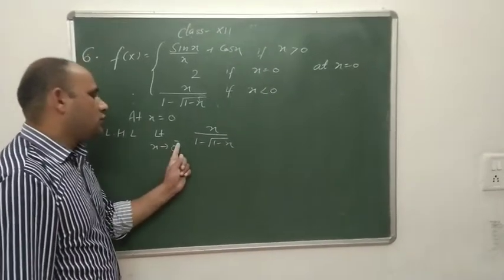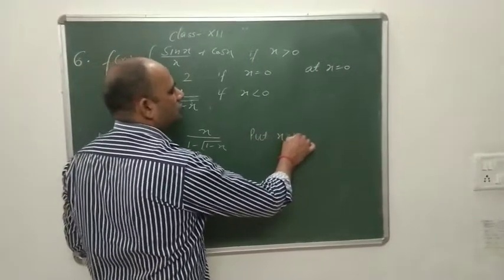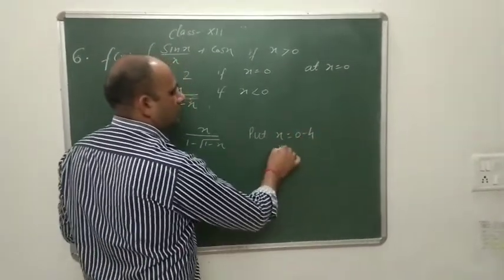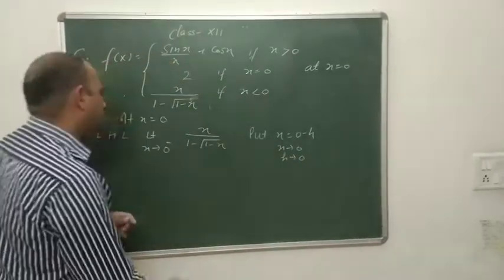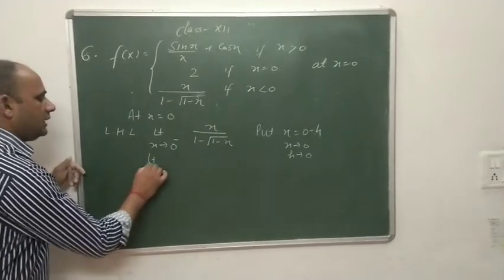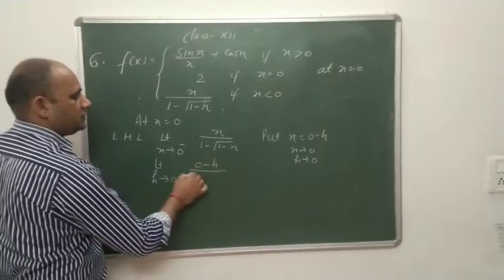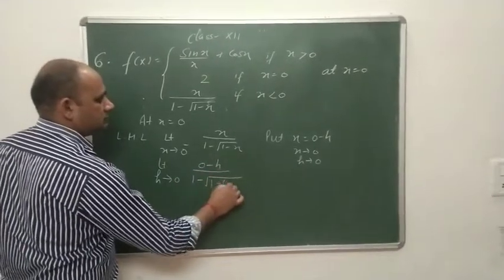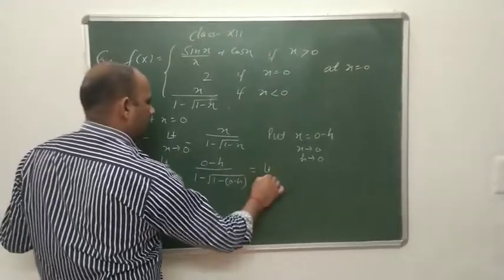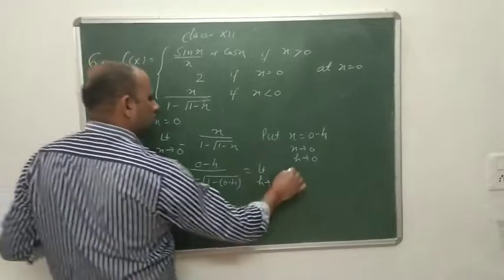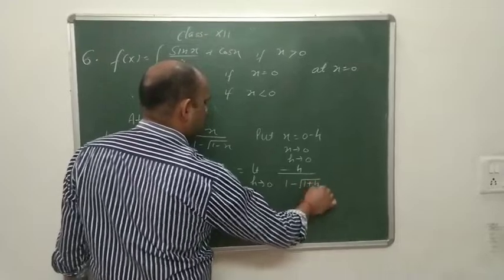Now we have x tends to 0 minus. So we will put here x is equal to 0 minus h. If x tends to 0, then h also tends to 0. Now in this case, limit h tends to 0, x is 0 minus h, so we have limit h tends to 0 of minus h upon 1 minus root of 1 plus h.